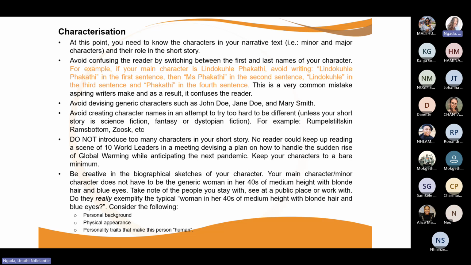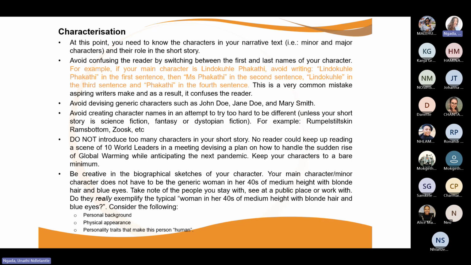So this is a very common mistake that we have picked up. So I really want you to try and avoid switching between first and last names of the character. Choose how this character is going to be addressed and stick to it.